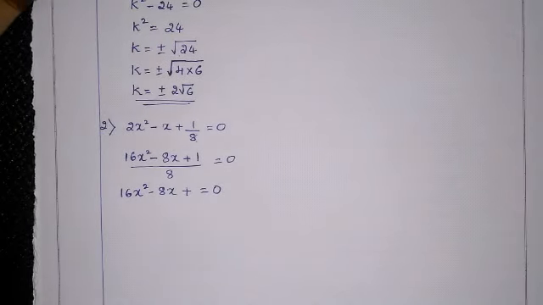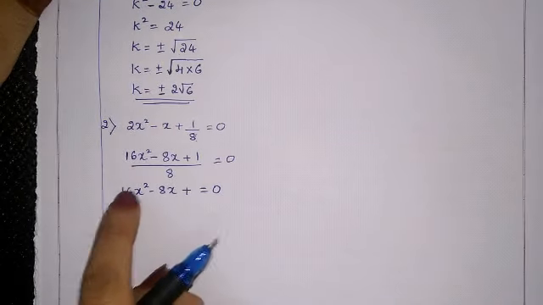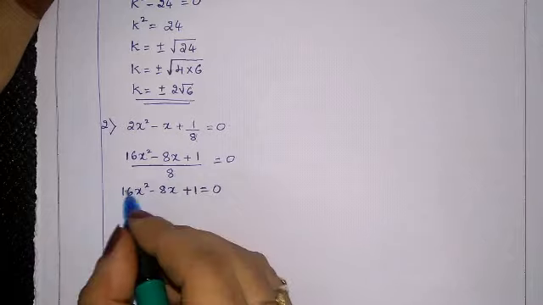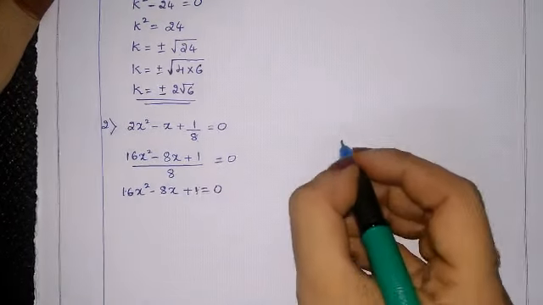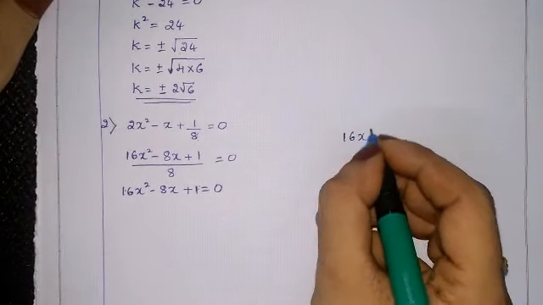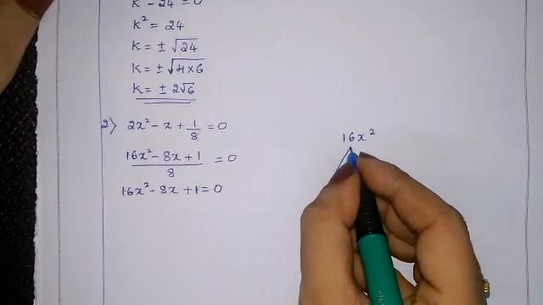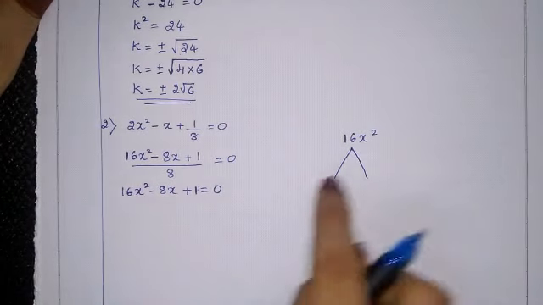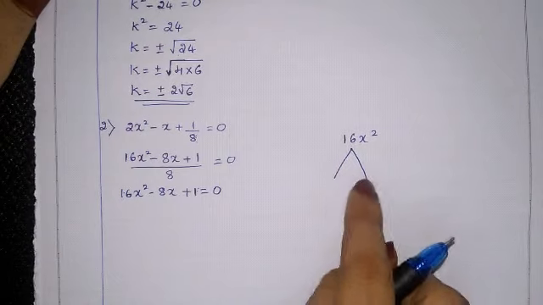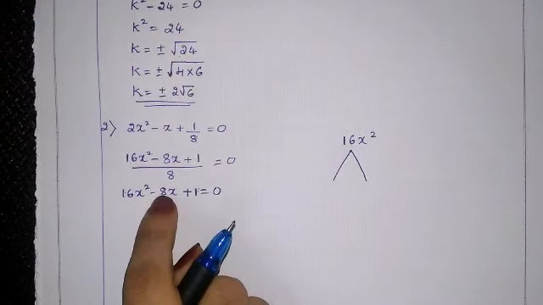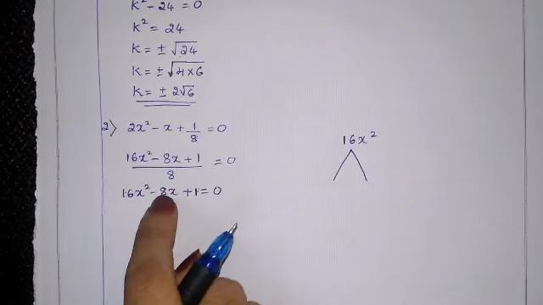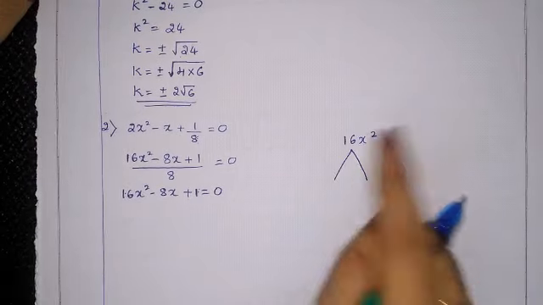So let us find now first and last number. 16 ones are 16 x square. Now we need to find two factors in such a way that when we add we need to get minus 8, and when we multiply we need to get 16.